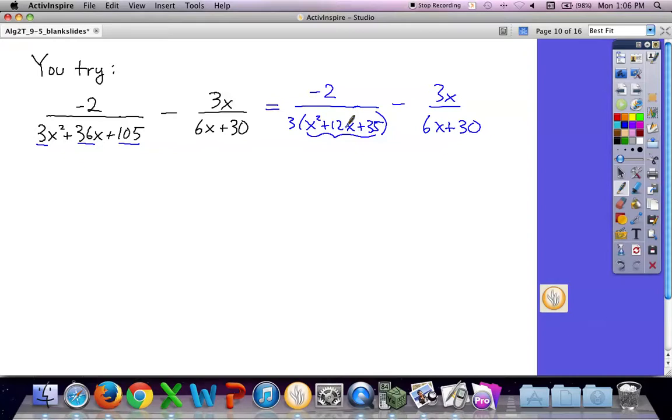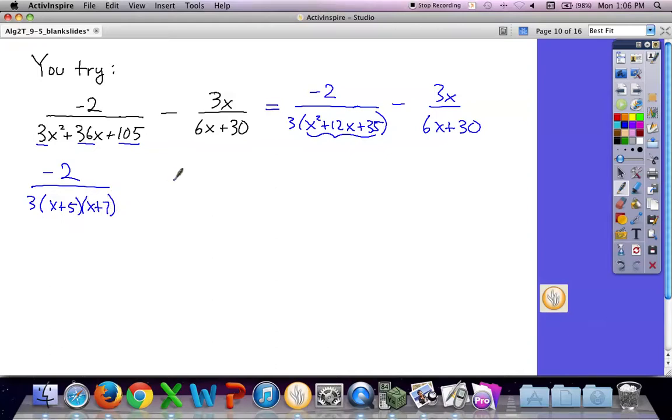So let's factor these denominators. -2 divided by 3 times x plus 5 times x plus 7.